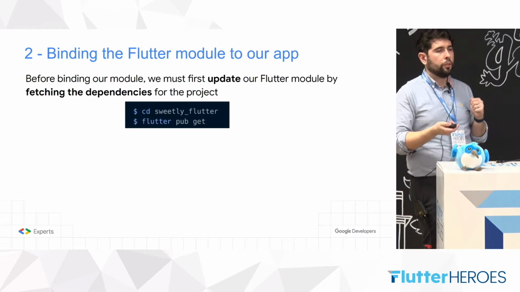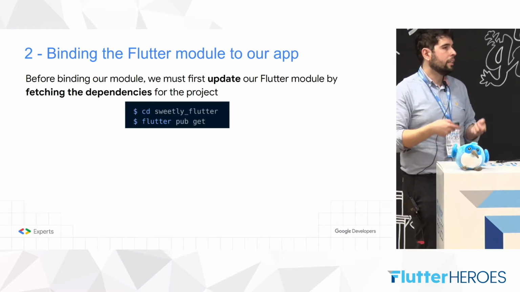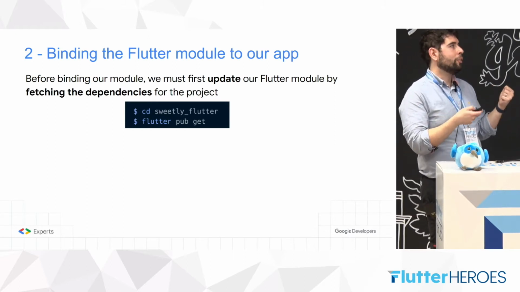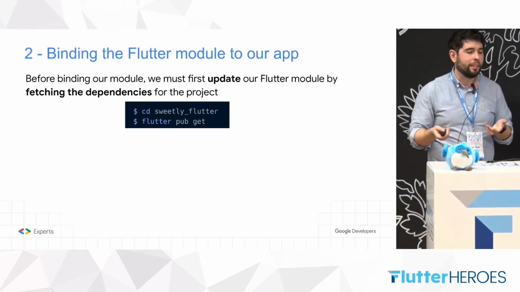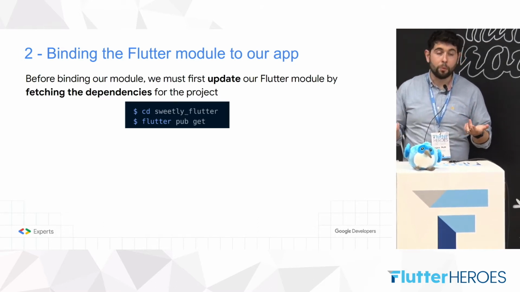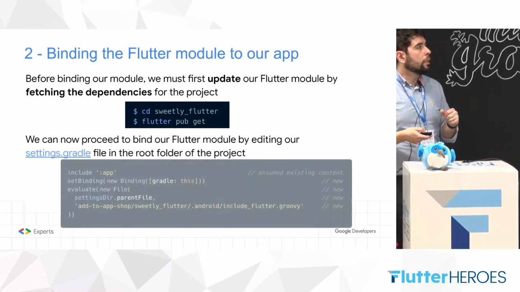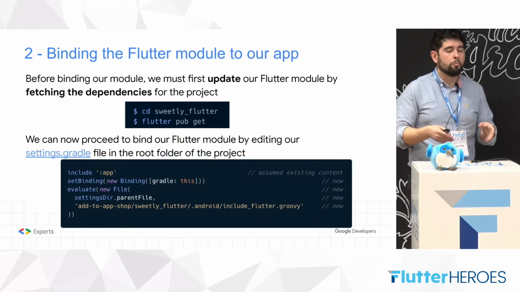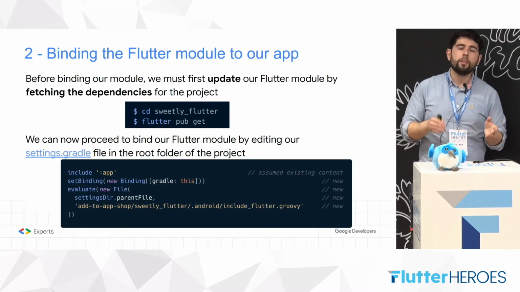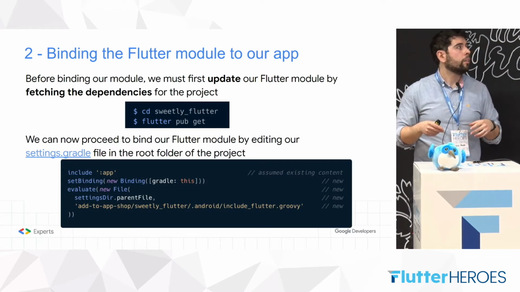But the first thing that we need to do before all that is let's do a good old flutter pub get. If we did this from our IDE, of course, IntelliJ or VS Code would do it for us, but just to be sure, let's do it. Now, let's bind our project by changing in our host application the settings.gradle file.